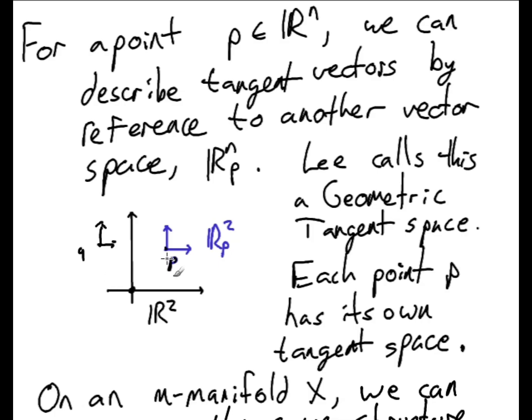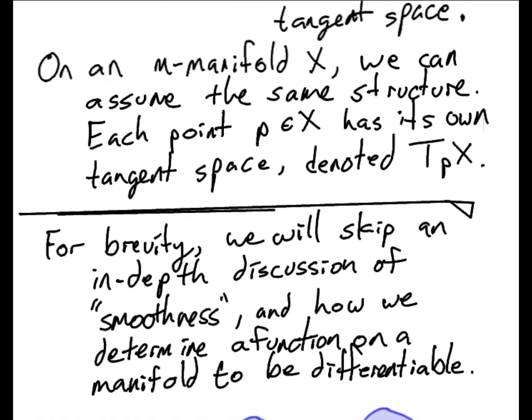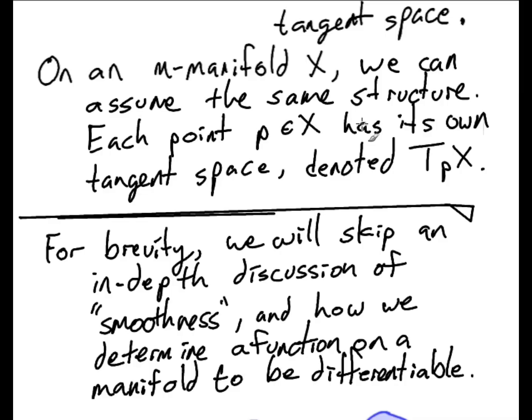It's just that in the vector space setting, these are all the same rough shape, right? Like we can use the basis vectors of R2 for this vector space as well. We just say that it's P plus E1, P plus E2. These are the basis vectors of R2 sub P. And the same thing for this vector space over here. If we move our setting to a manifold, a general M manifold, we assume the same kind of structure, right?